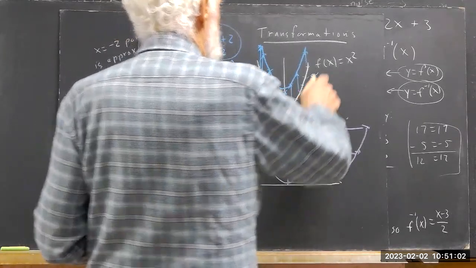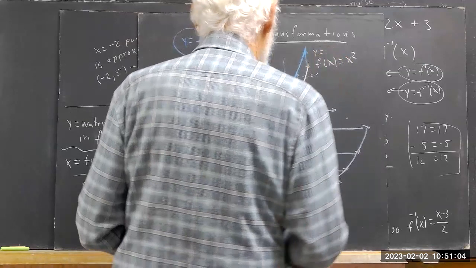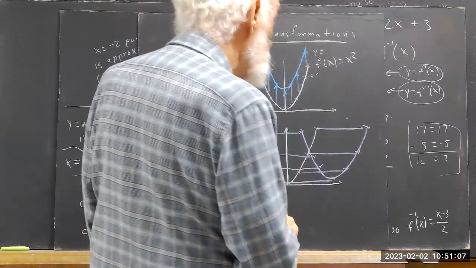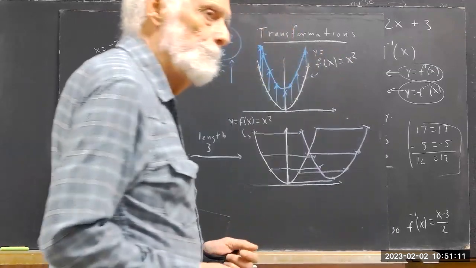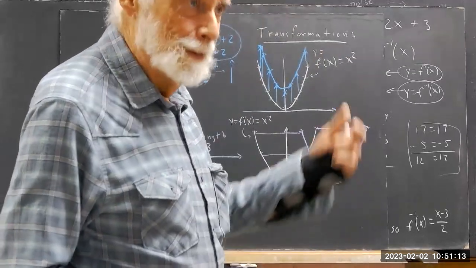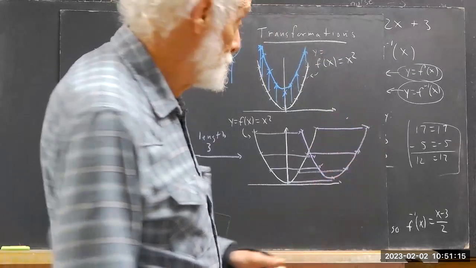The white graph is x squared. The purple graph is, now this is going to surprise you maybe in 2 ways, at least one.